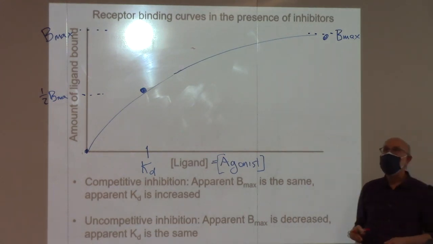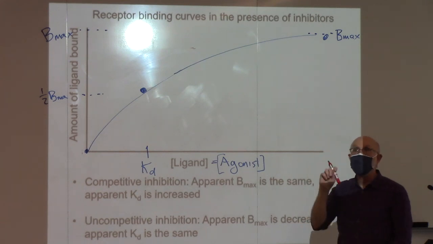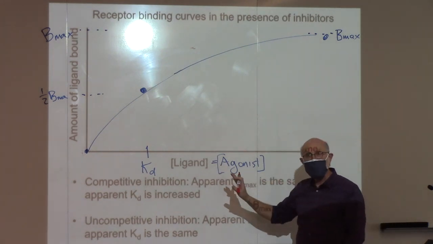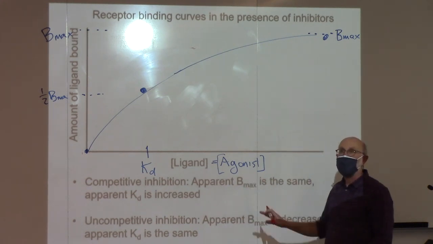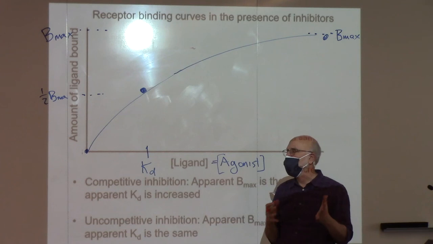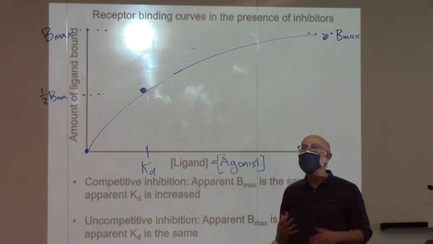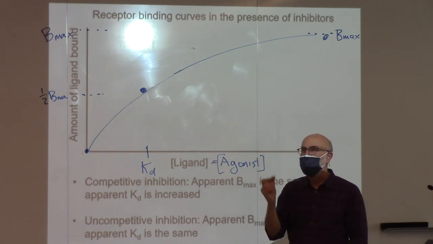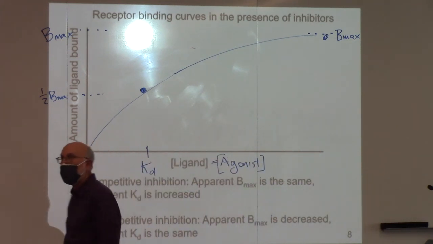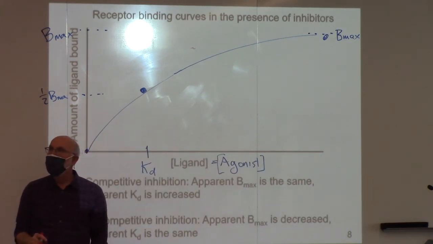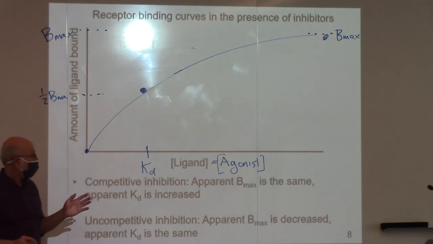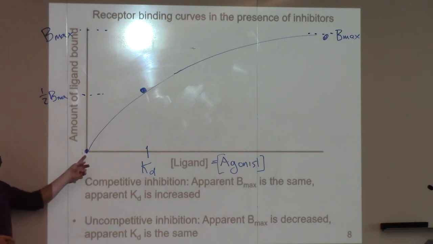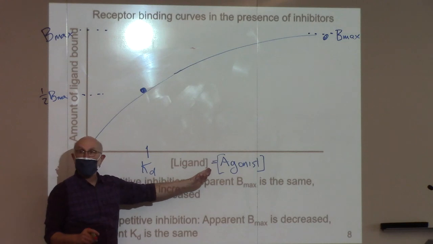Now let's add a competitive inhibitor. Red is going to be the same receptor, the same agonist concentration, and we have some concentration, not a huge concentration, but some concentration of the inhibitor. There are some points that are the same and some points that are different. Do we have a point here at the origin? Yes.